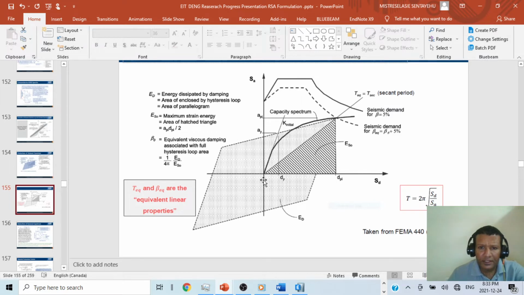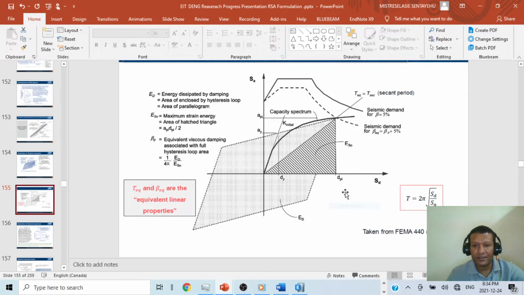Then as you can see, by linear idealization we have K initial. Then the first point we have AY, and the second point we have API.